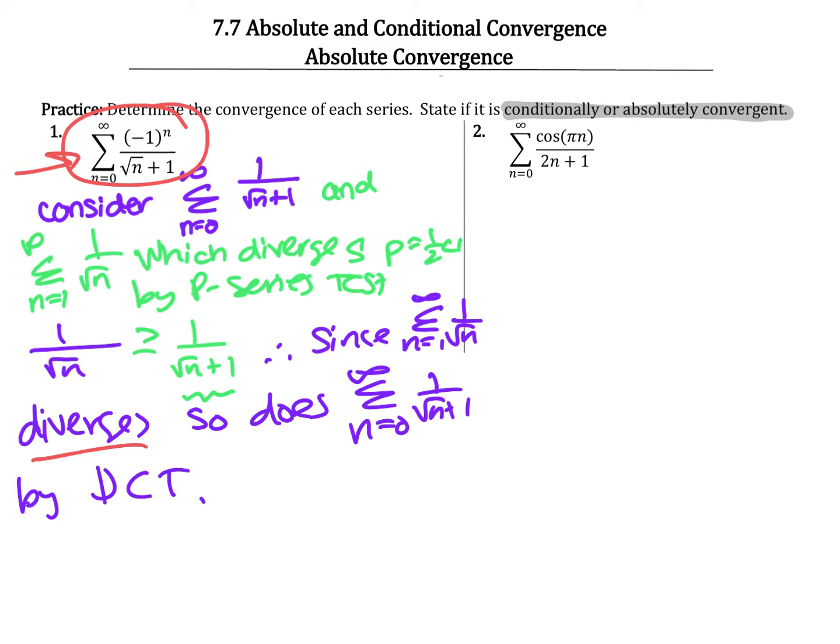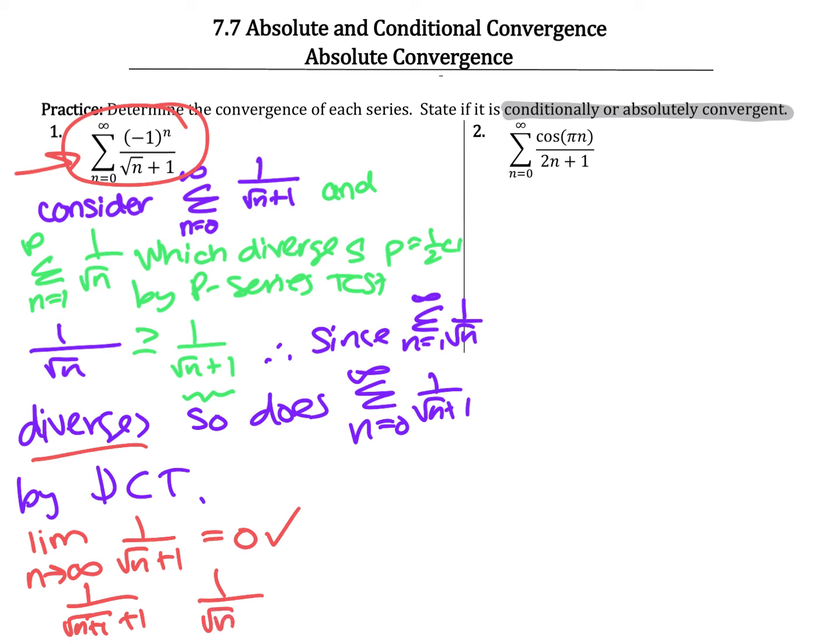So I'm going to go ahead and look at the limit as n approaches infinity of 1 over the square root of n plus 1, which is going to be 0. That's the first condition for the alternating series test. Then I'm going to look at what happens if I compare the terms. This is going to have a larger denominator this way.